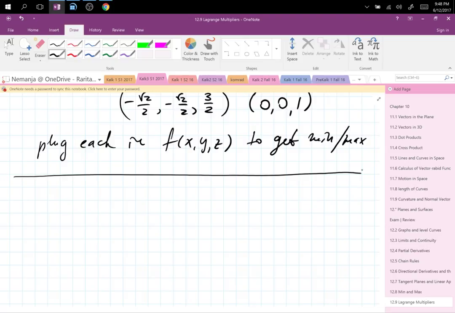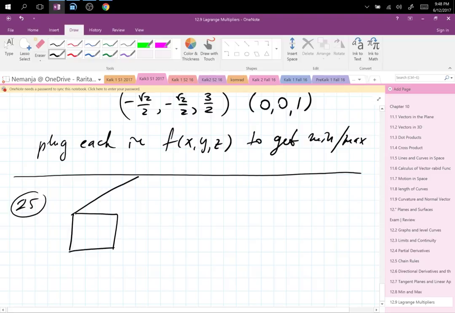So, what are they concerned with? They are concerned with this plus the length.